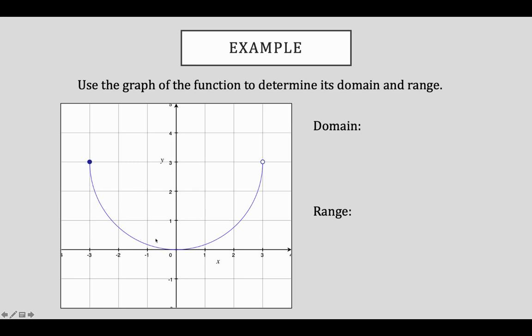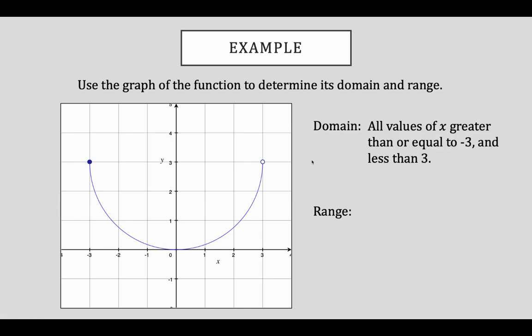I cover all values of x until I get to positive 3. Notice that there is an open circle at x equals 3, which means that it is not included. All values of x greater than or equal to negative 3 and less than 3. In interval notation, this is bracket negative 3, comma 3 with a parenthesis.